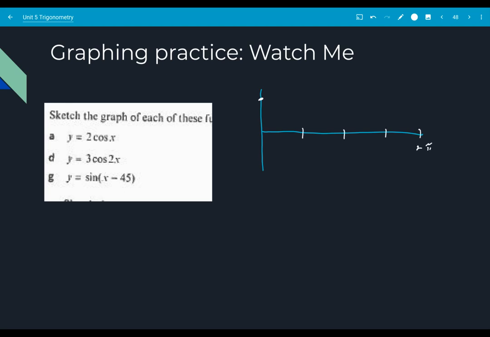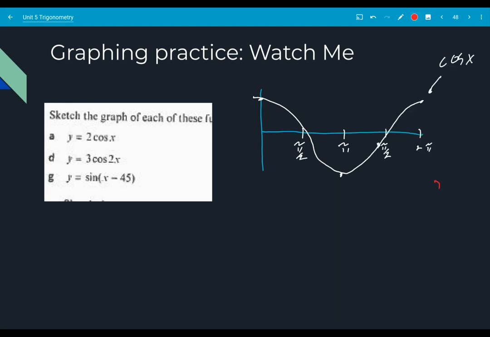So this is 2 pi. This is pi. Pi over 2. 3 pi over 2. And at pi, we're at -1. And at 2 pi, we're back up. And then we cross here. Okay, so that is cosine of x.